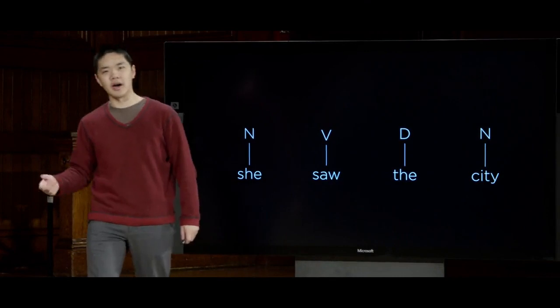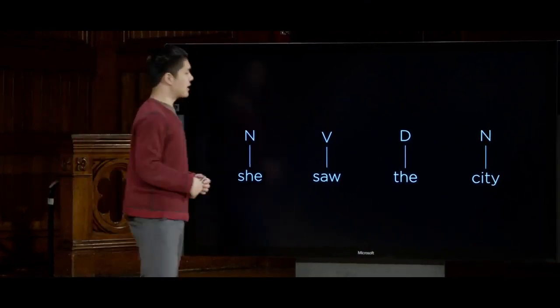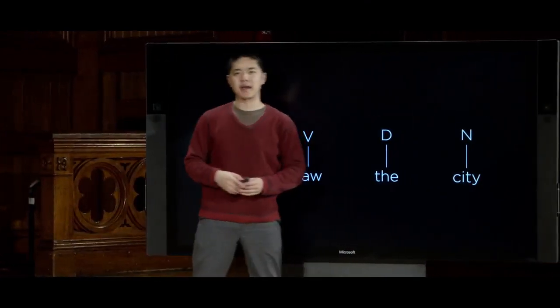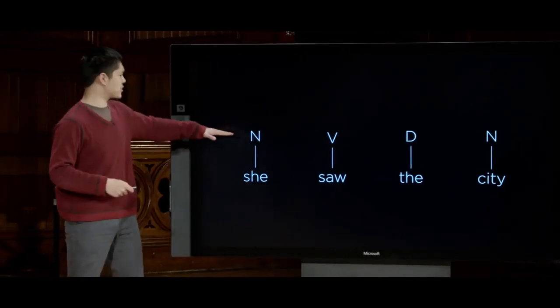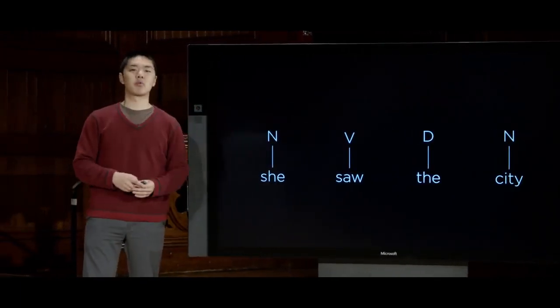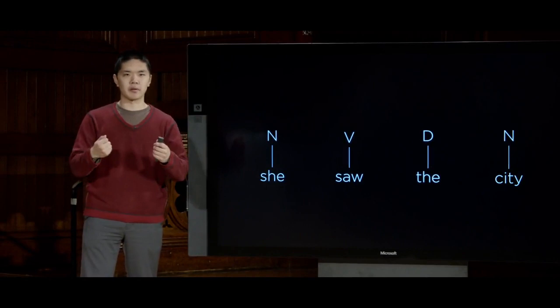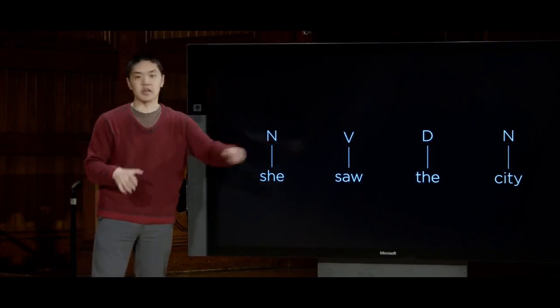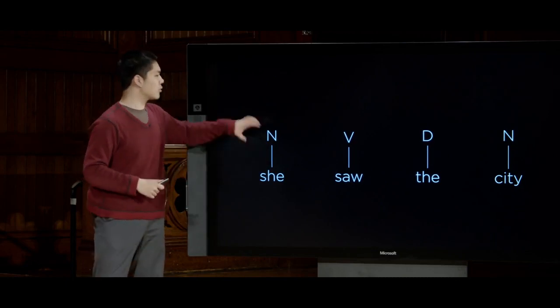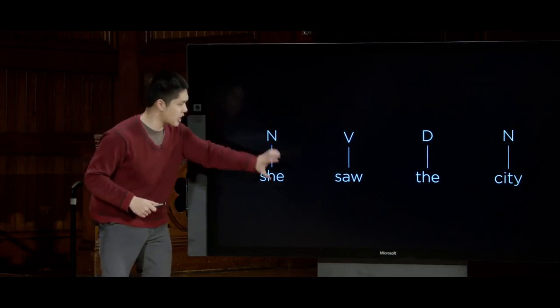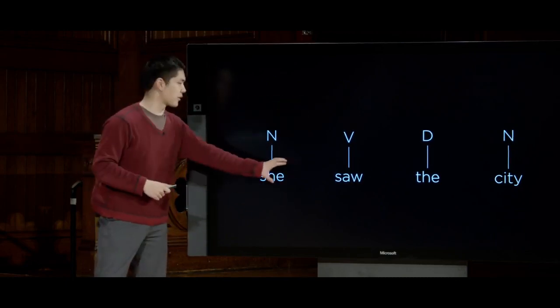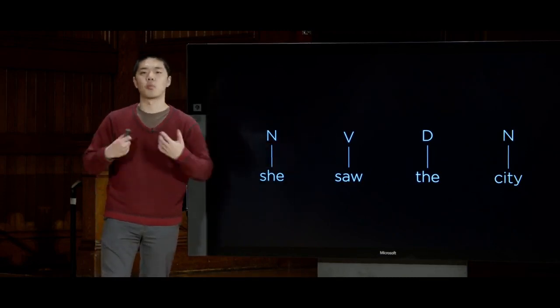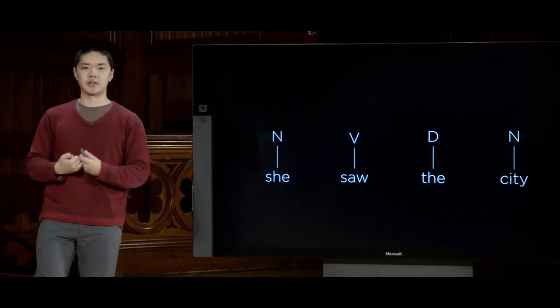These are words like the and a and an, for example. And then "city," well, "city" is also a noun, so an N goes there. So each of these, N, V, and D, these are what we might call non-terminal symbols. They're not actually words in the language. "She saw the city." Those are the words in the language. But we use these non-terminal symbols to generate the terminal symbols, which are like "she saw the city," the words that are actually in a language like English.